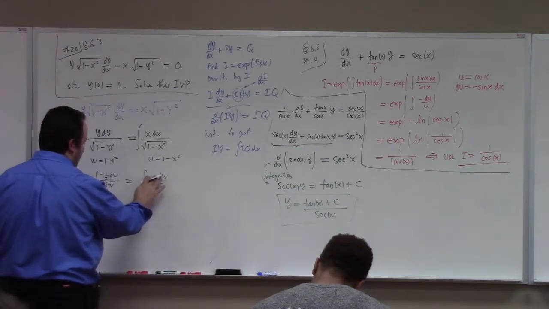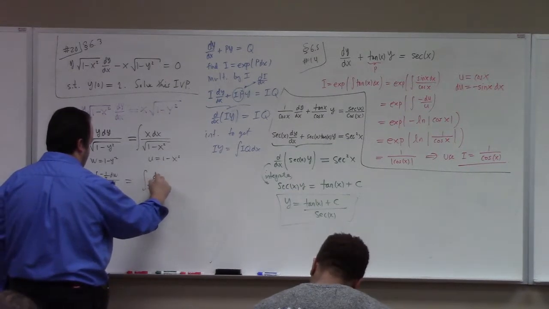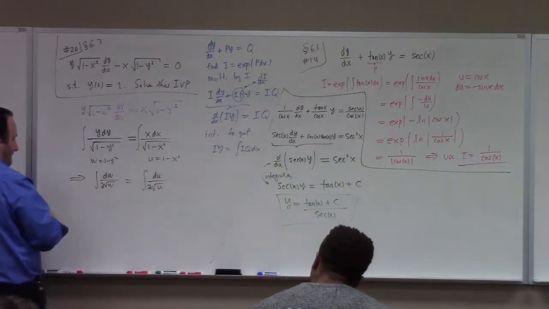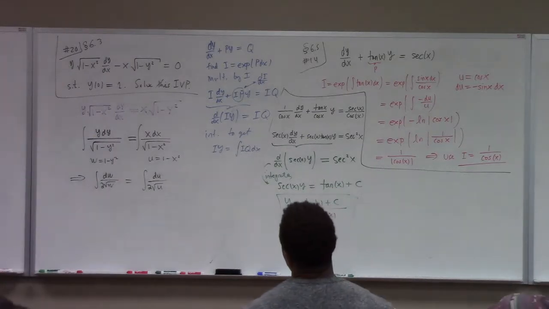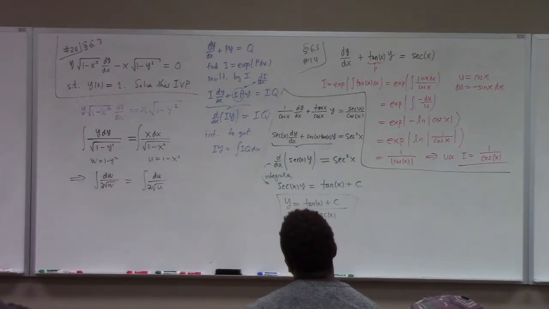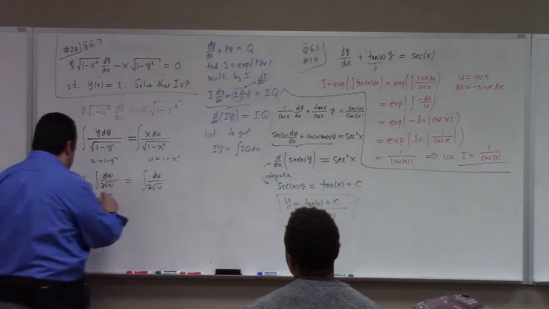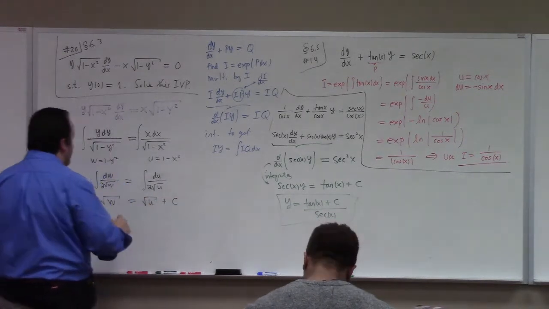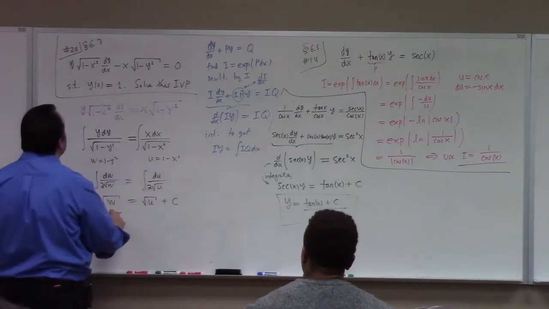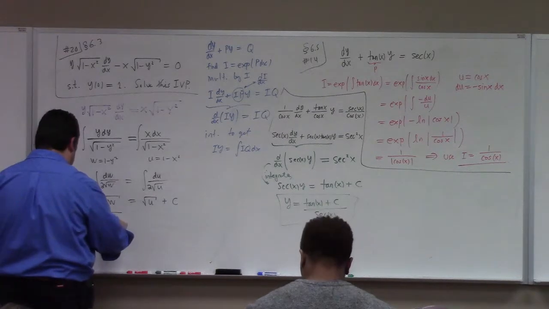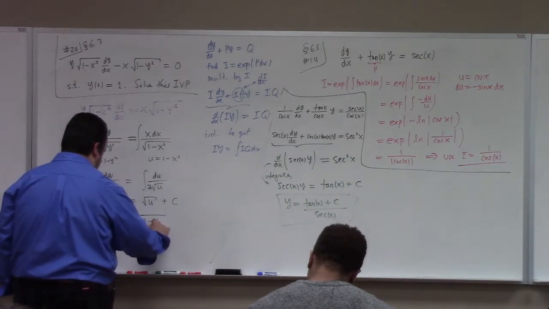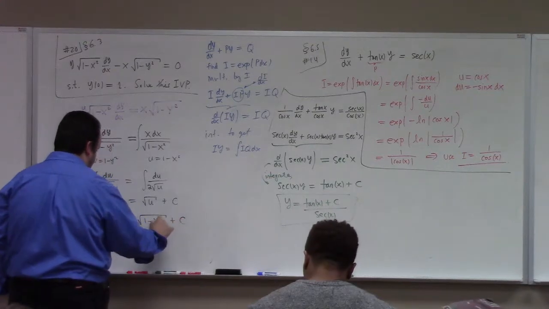I'm going to keep the 2 downstairs and erase the minus. See, because then what differentiates to 1 over twice the square root? The square root, right. So this integral is just root w equals root u plus a constant. In other words, the square root of 1 minus y squared equals the square root of 1 minus x squared plus a constant.